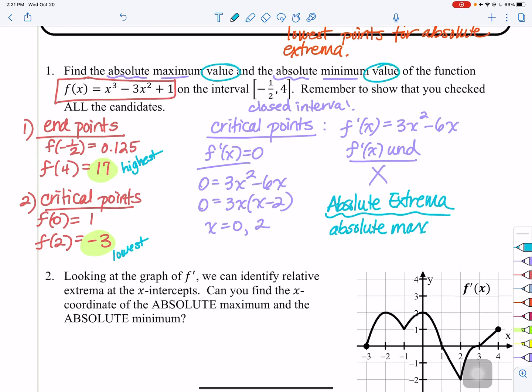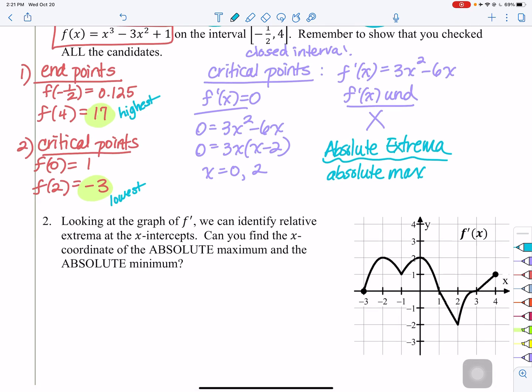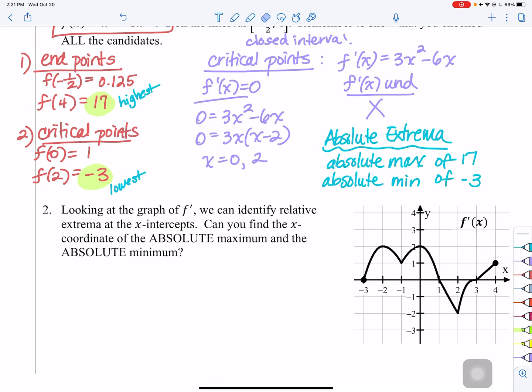They didn't ask where they were. So we have an absolute max of 17, and we have an absolute min of -3. And since they didn't want to know where, you could even say the absolute max is 17 and the absolute min is -3.